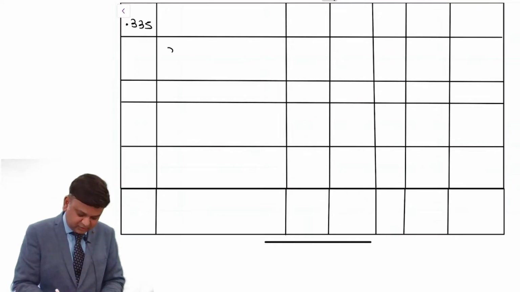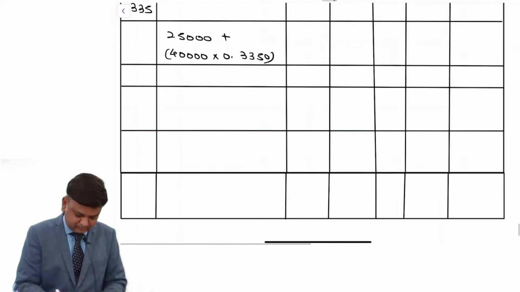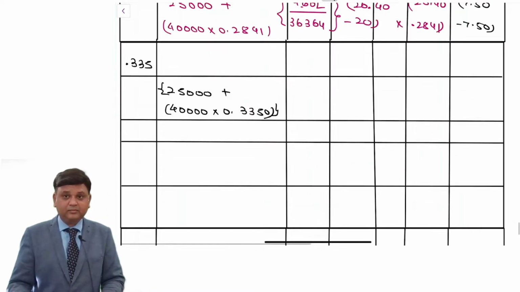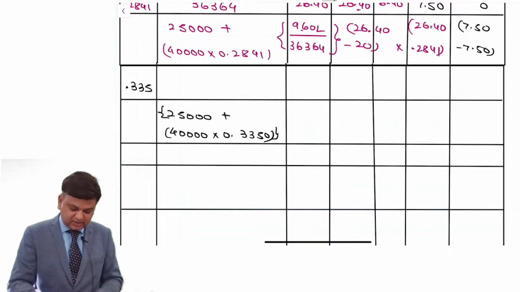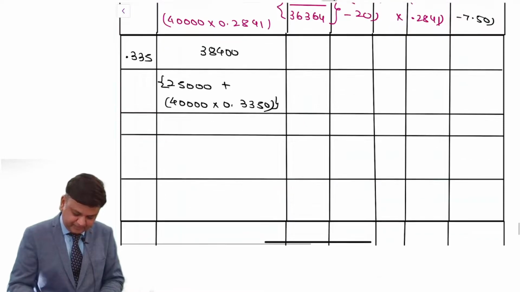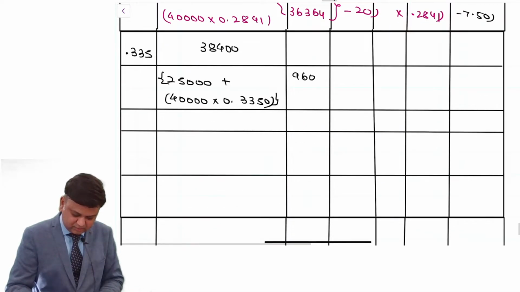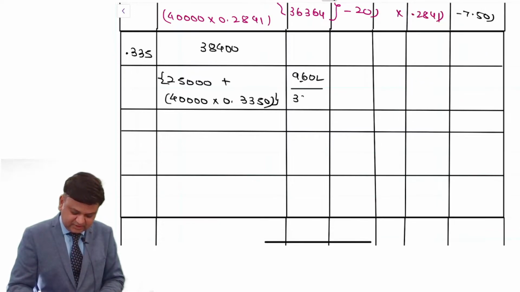So it is 25,000 plus 40,000 into 0.335. 40,000 into 0.335 plus 20,000, that is 38,400. 9,60,000 divided by number of shares of the merged firm, which is 38,400.